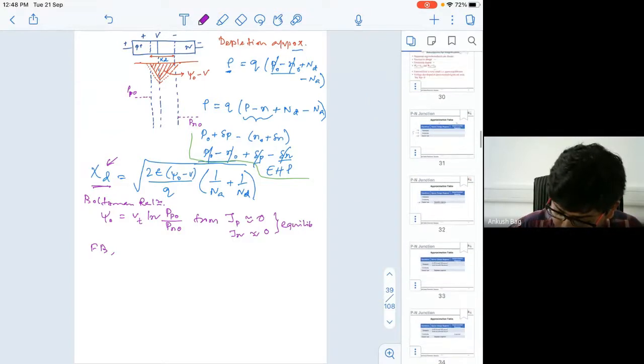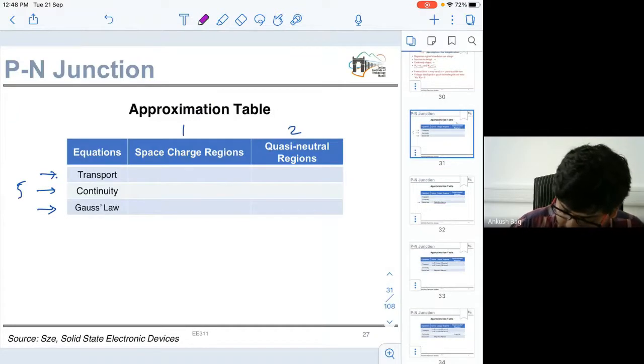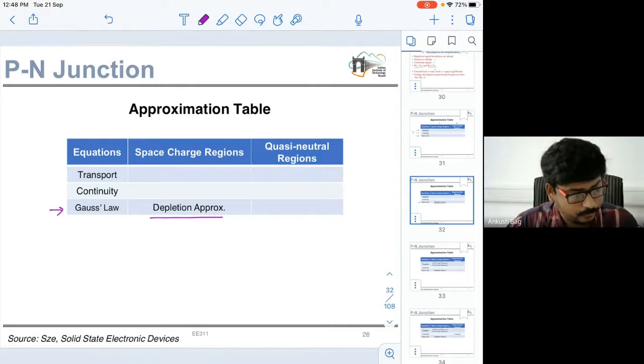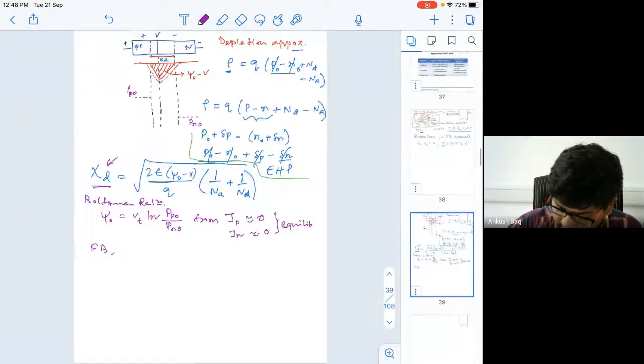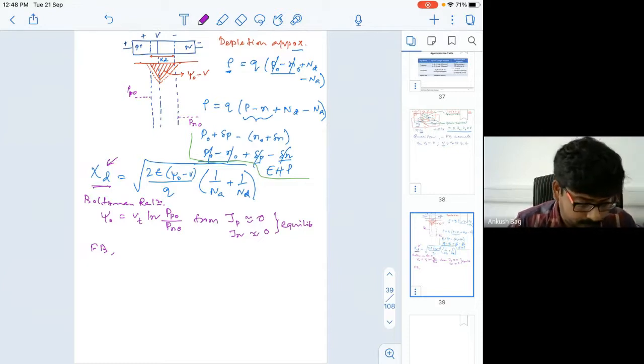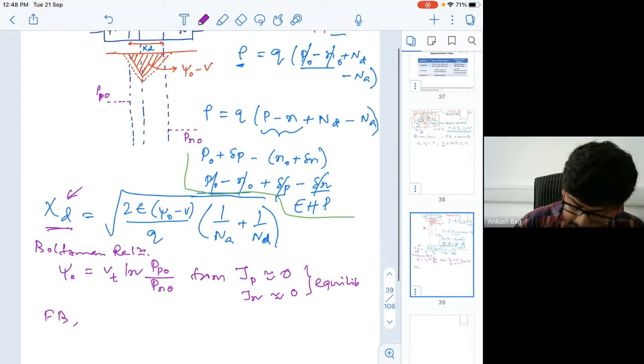So we have already considered this depletion approximation, and now next we are deriving the forward bias. So in forward bias condition, what will happen?